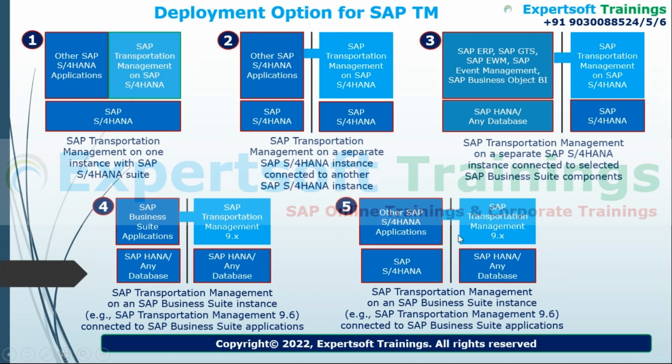But you can always have the option of all this. When I go into the deployment options, I'll tell you the reason why we have multiple deployment options. So your question is more on the deployment option. Okay, we'll go into details on this.